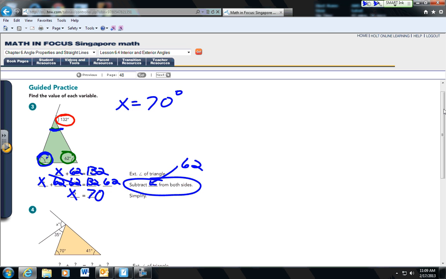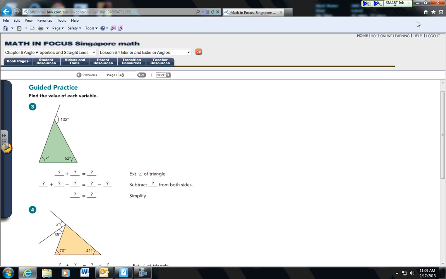Other ways of attacking this problem is that you know that the interior and the exterior have to add up to 180. So if this exterior angle is 132, then its interior angle would be 180 minus 132, which would be 48.